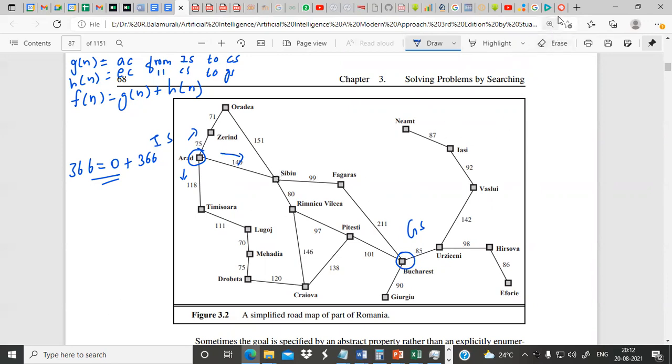What is the cost of reaching Bucharest? Bucharest can be reached at the cost of 211 and Sibiu at the cost of 99.